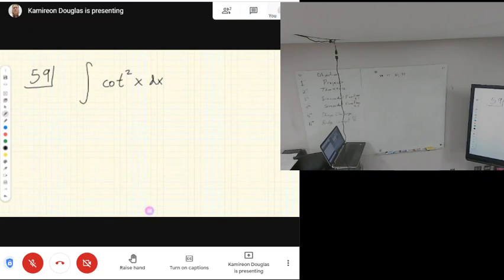I mean, nothing in our list is going to get us there. I'll verify that. If I just use the x, I should get it now. Let's see. Nope. Nothing that gives me tangent squared. Sorry, cotangent squared.